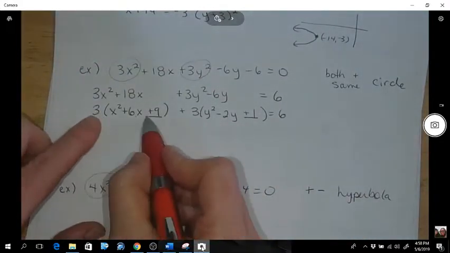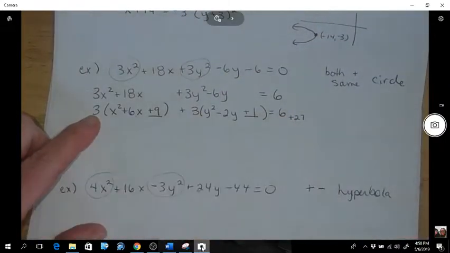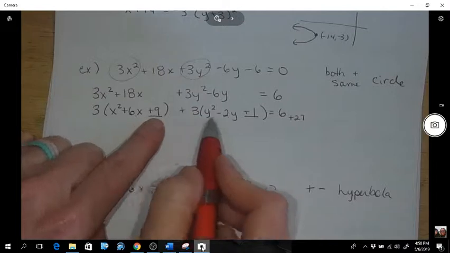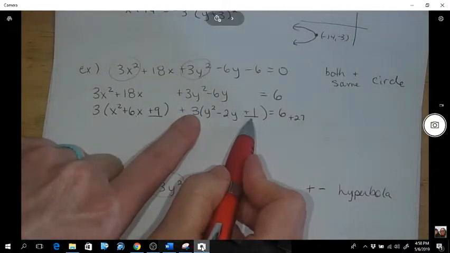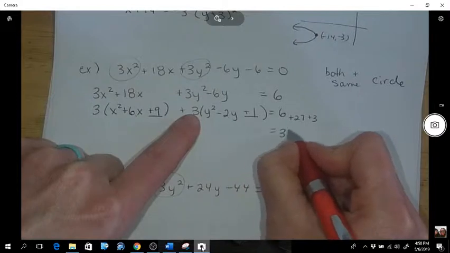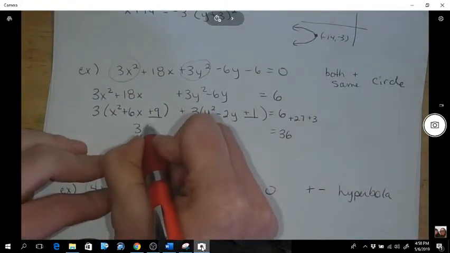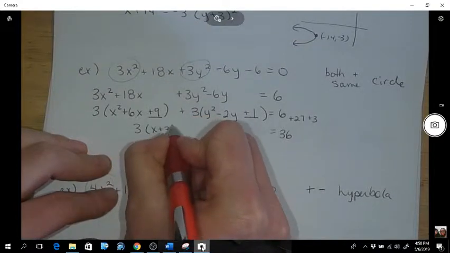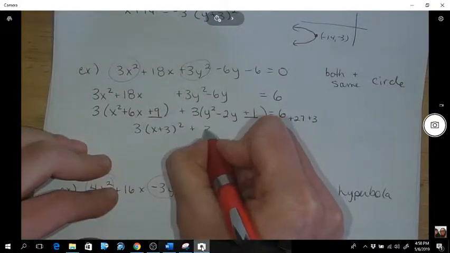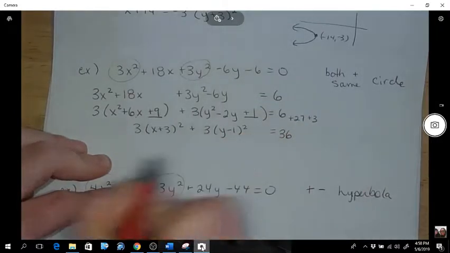So on here I added 27, and on here I added 3, so that becomes 36 on that side, and this becomes 3(x plus 3) squared plus 3(y minus 1) squared.